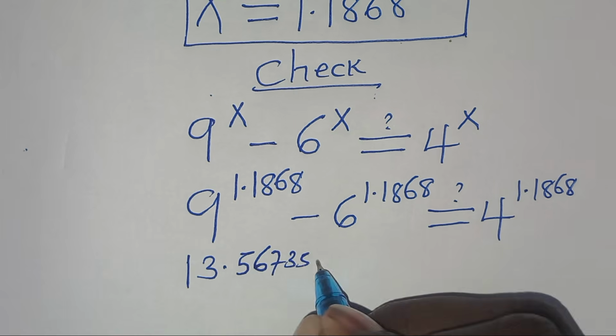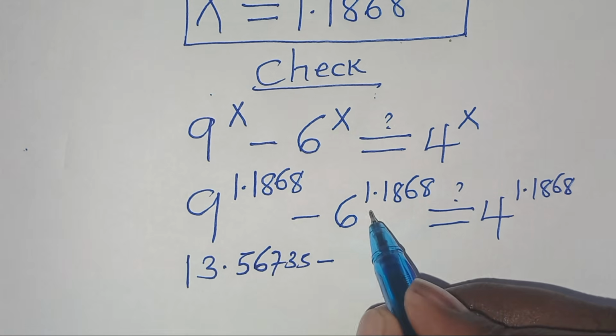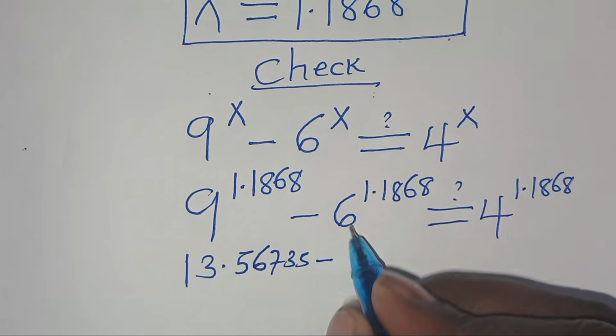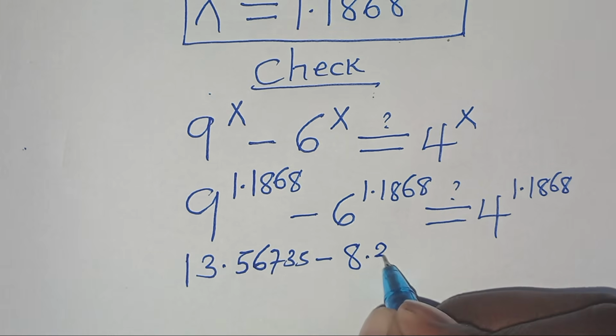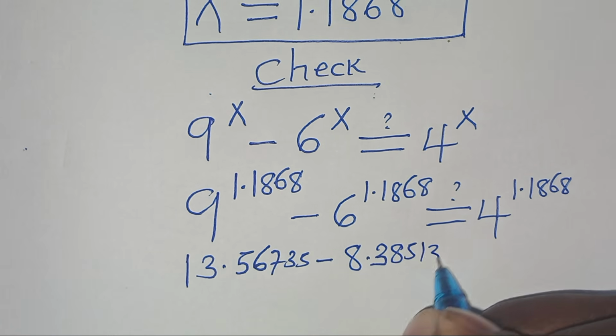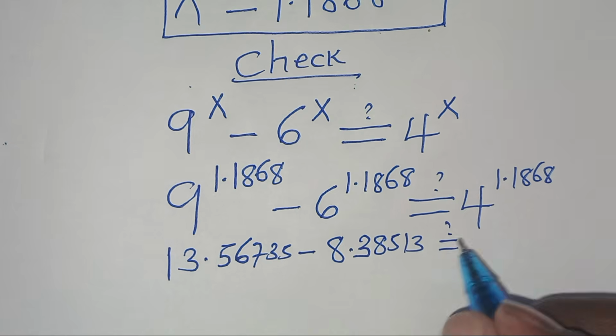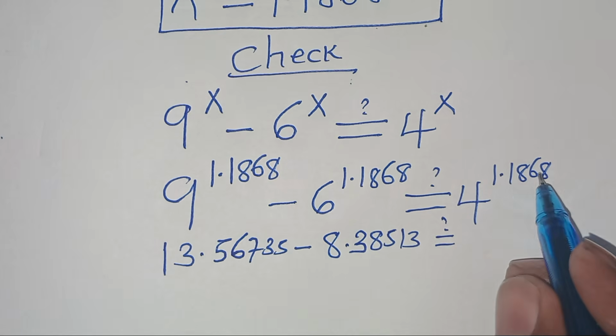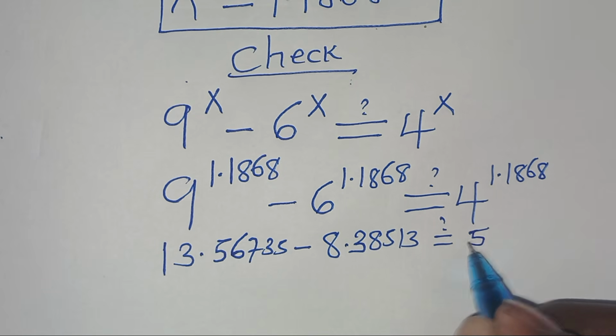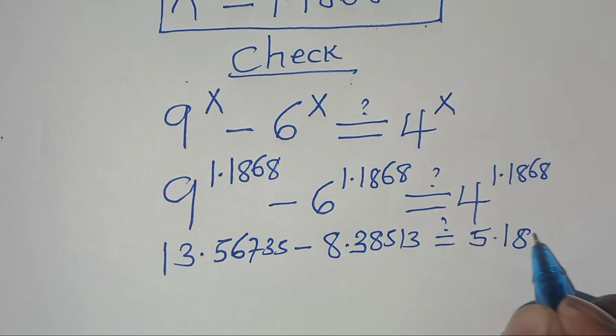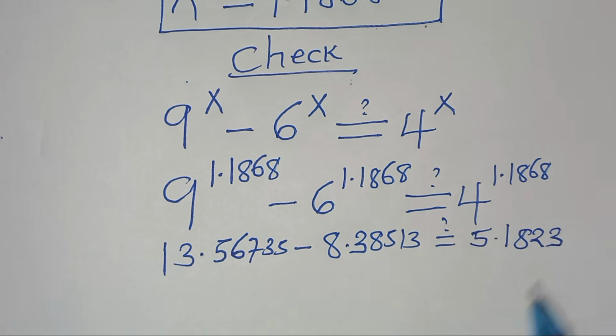Subtract 6 raised to the power of 1.1868, which is the same thing as 8.38513. And this should be equal to 4 to the power of 1.1868, and this is 5.1823.